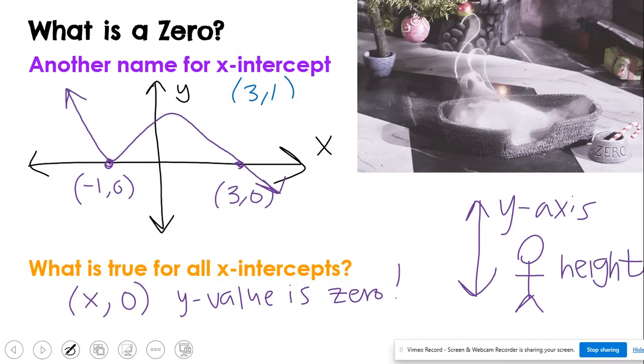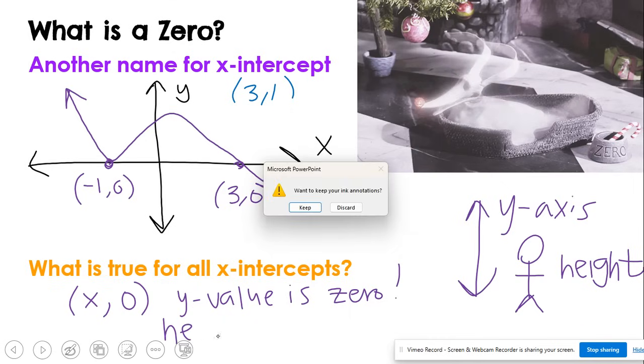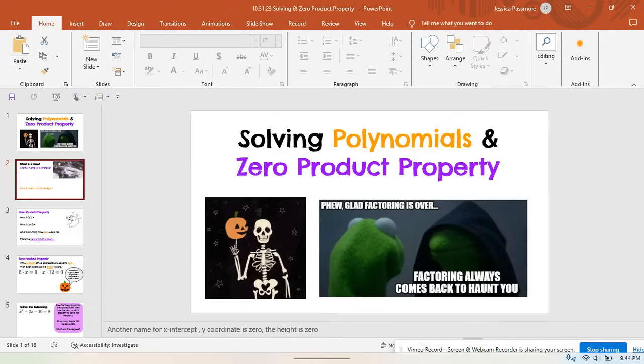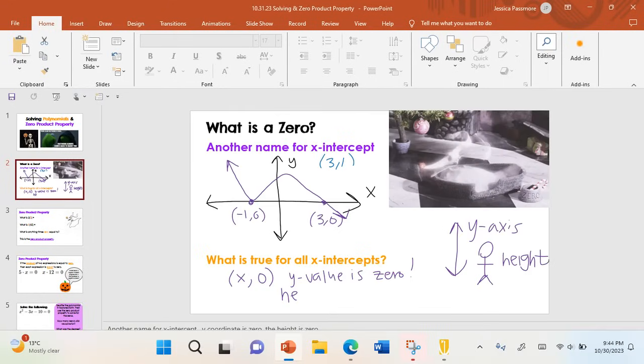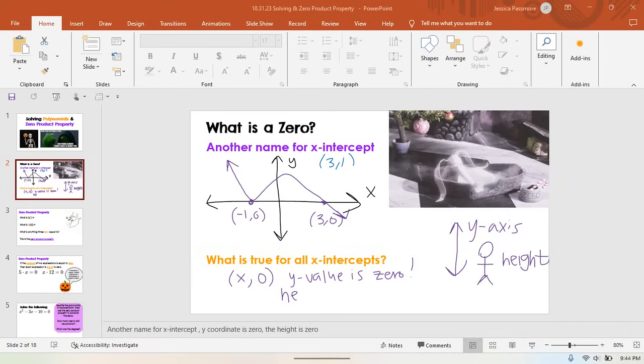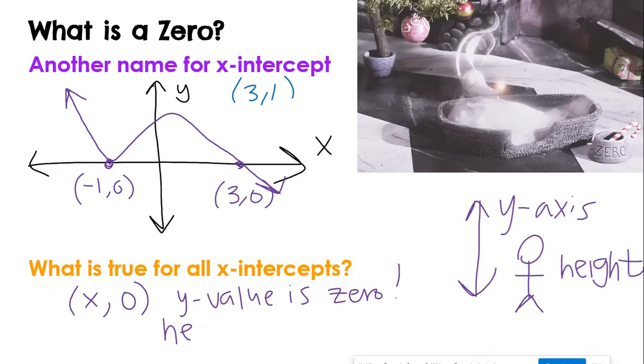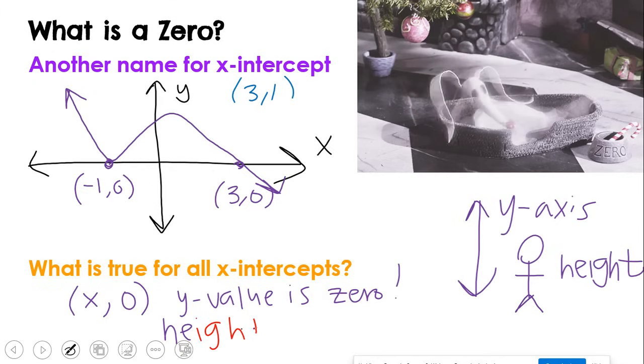And so a lot of times when we have an x-intercept, the height is 0 as well.